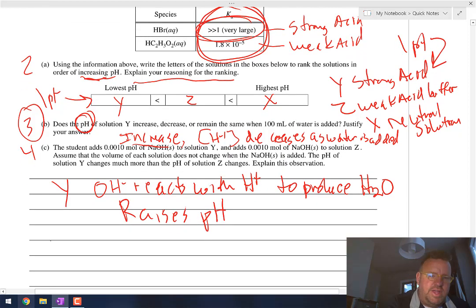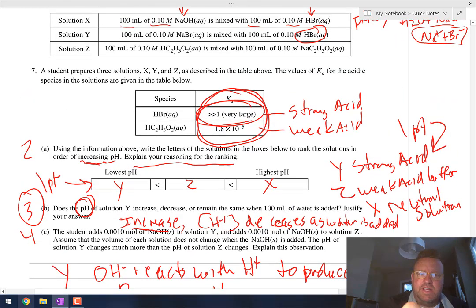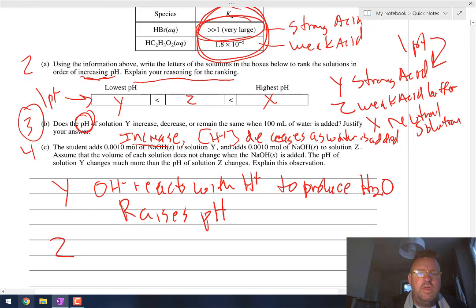However, in solution Z, we already identified this as a weak acid with its conjugate base. We already identified that as a buffer solution. And so we're going to say that Z is a buffer solution. And again, you don't need to say really much more than that, but let's understand why.